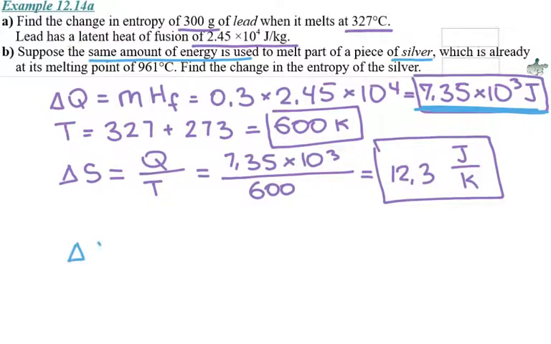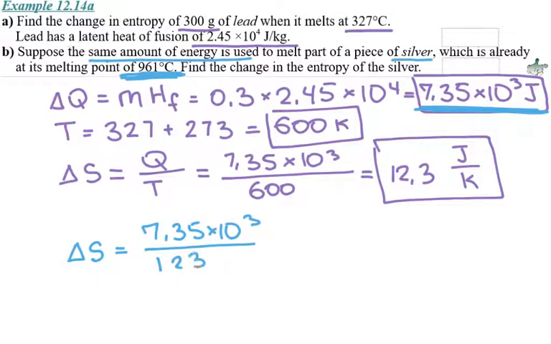The energy is the same, 7.35 times 10 to the 3rd, and the melting point temperature is 961 plus 273, which gives 1234 Kelvin. That will be equal to 5.96 joules per Kelvin.